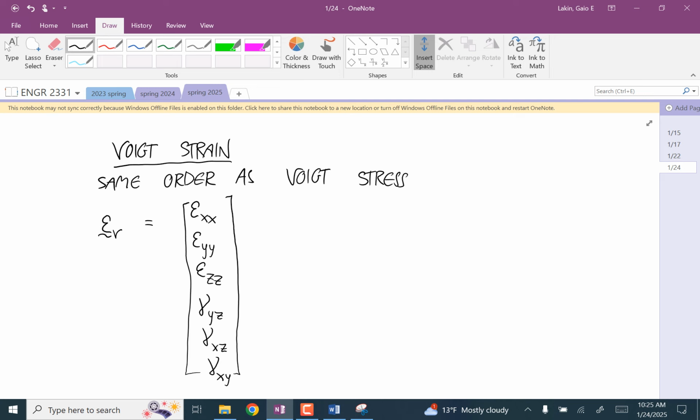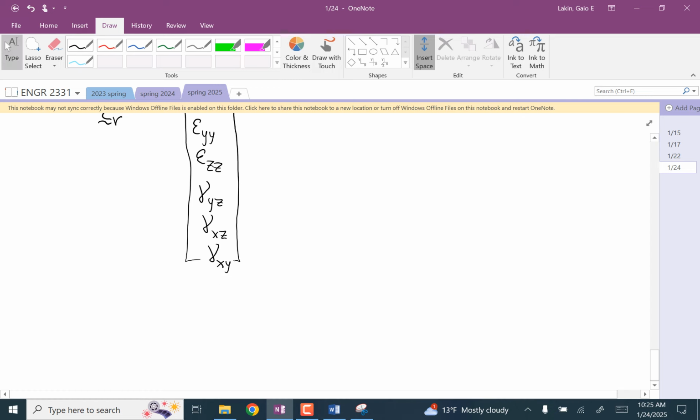Okay, and so now I've been saying that in this class, we always have this linear relationship between stresses and strains. So let's talk about what that relationship is. It's called the constitutive relationship. So it's like, how is this thing constituted, you know?